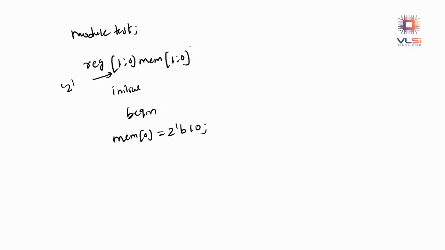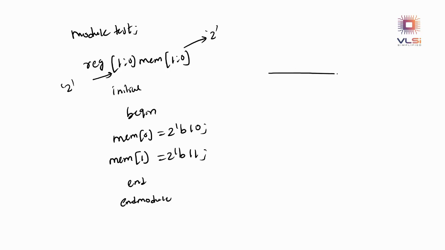So how many bits are there? Two bits are there, which we initialize using the vector. How many locations are there? Two locations. And mem of 1 equals 2'b11, end, end module.